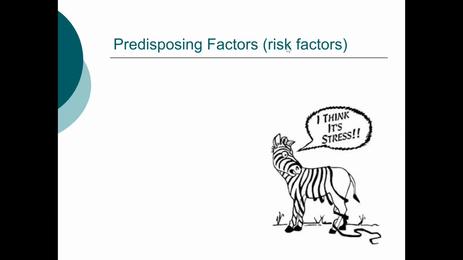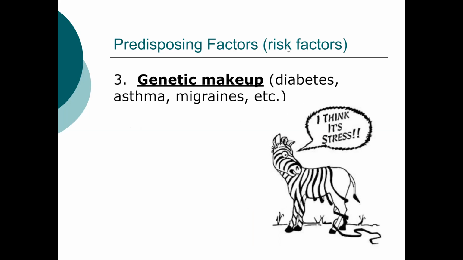So continuing in predisposing factors: genetic makeup. When we talk about genetic makeup, what our ancestors dealt with are the same things that we have a chance to deal with. So if diabetes runs in your family, there is a greater than zero chance that, depending on your weight, your diet, your activity level, you could become diabetic as well. That's why when you go to the doctor and you fill out all those forms, it asks for family history.